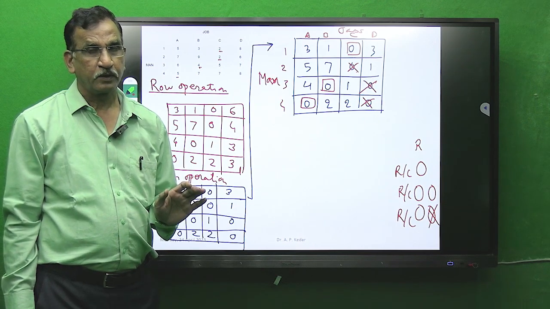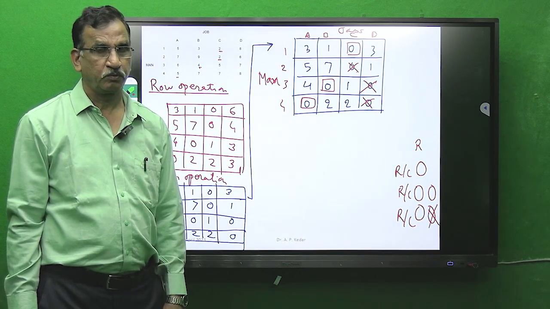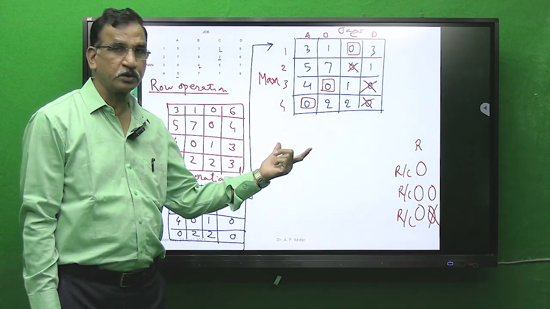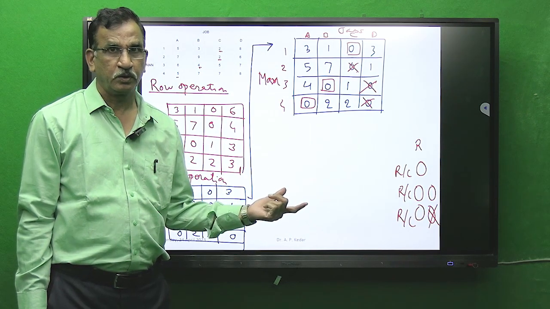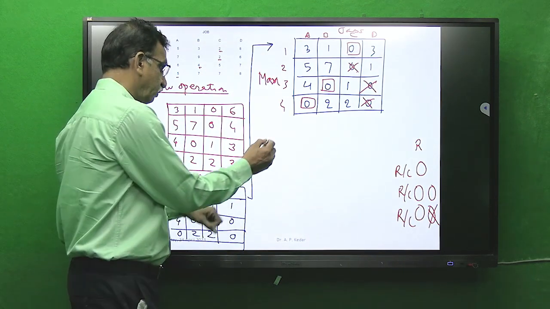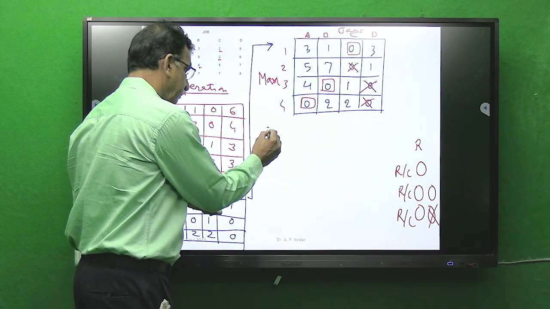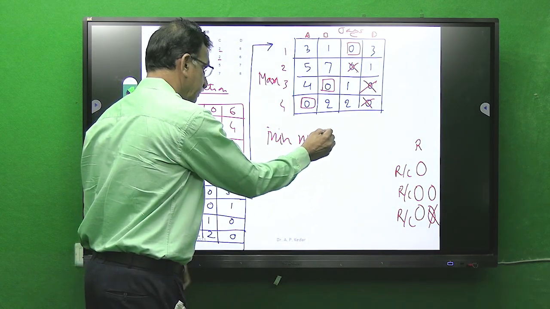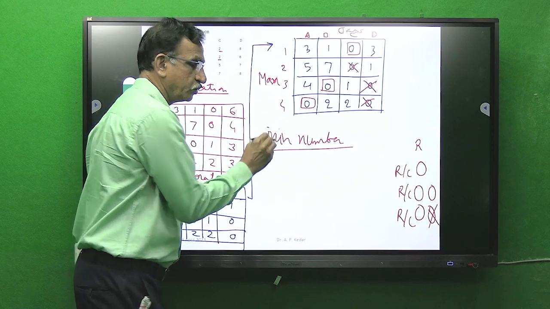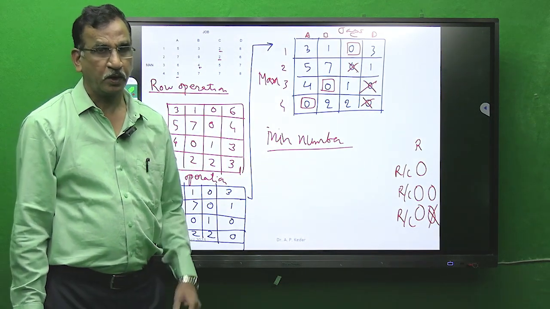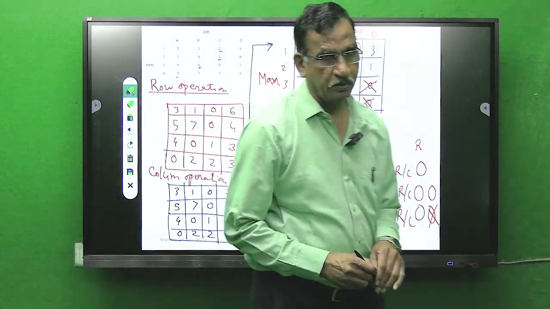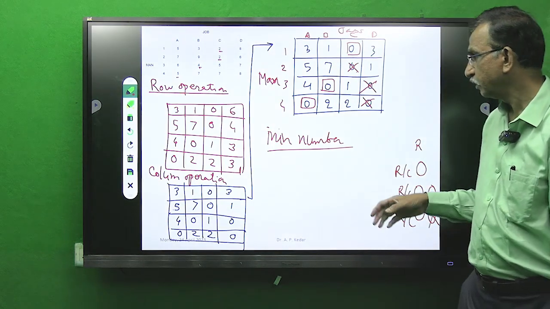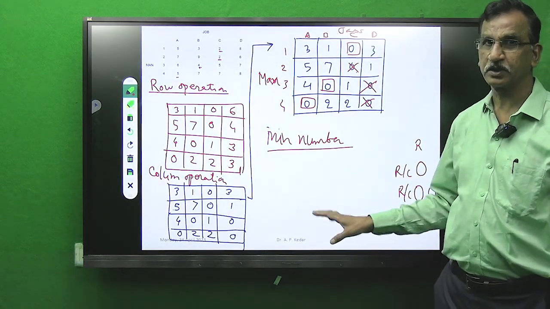But there is one rule which will decide whether this solution is optimal or not. What we have to do is find the minimum number of lines covering all zeros, and this aspect we'll study in our next lecture.